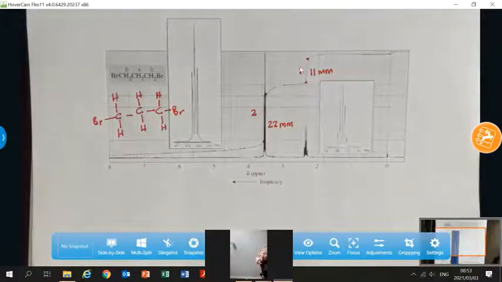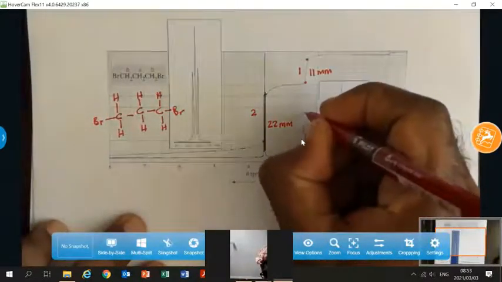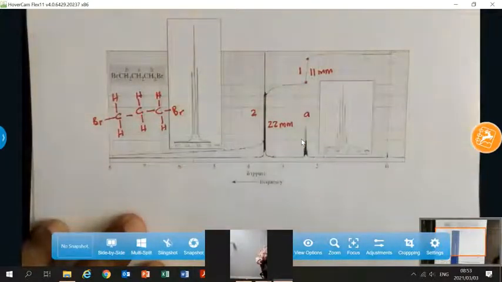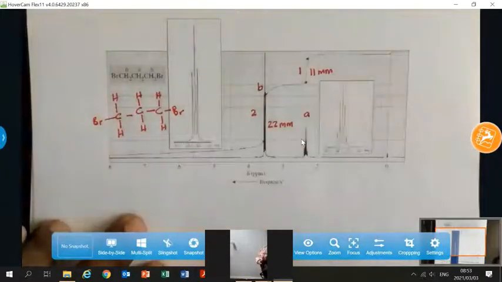So if I look at this central carbon, it must have half the number of protons as the outer carbon. And if I look at my signal here, you can see that this resonance at around 2.3 has half the number of protons as the resonance at 3.4. So this resonance here is most likely to be the resonance for A, and this resonance here is most likely to be the resonance for B, right?